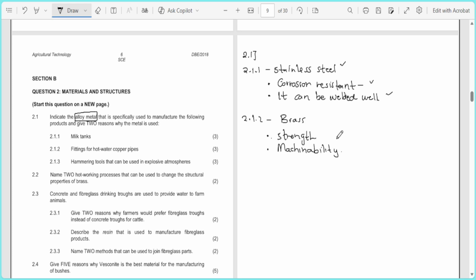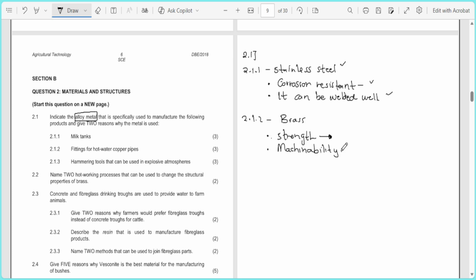Brass can maintain its strength at very high temperatures, since hot water will be going through the copper pipes. So at the joints you're going to find brass. Since it has higher strength at high temperatures, it can hold its own.